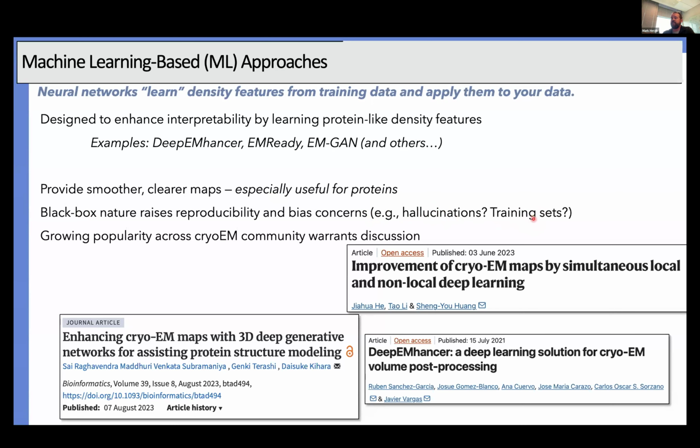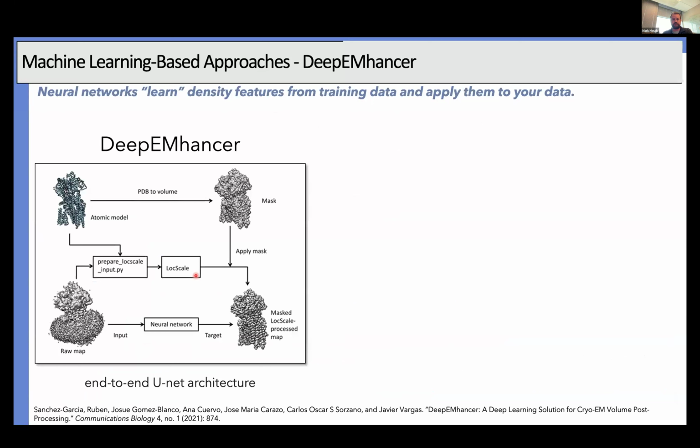And so if they are heavily biased towards proteins, how does that affect ligands, nucleic acids, lipids, and other non-protein biomacromolecules? And so as these are becoming widely adopted in the cryo-EM community, we wanted to basically evaluate how these three compare to traditional approaches.